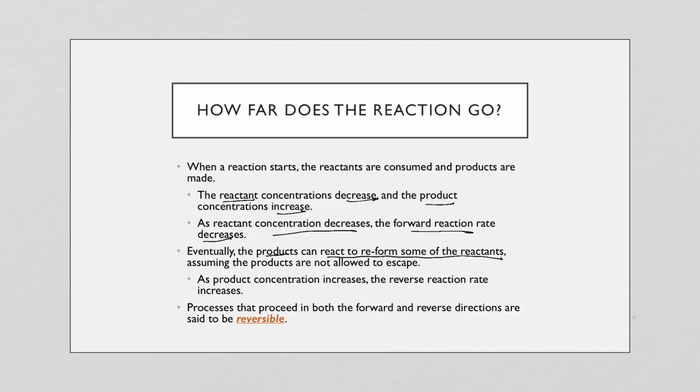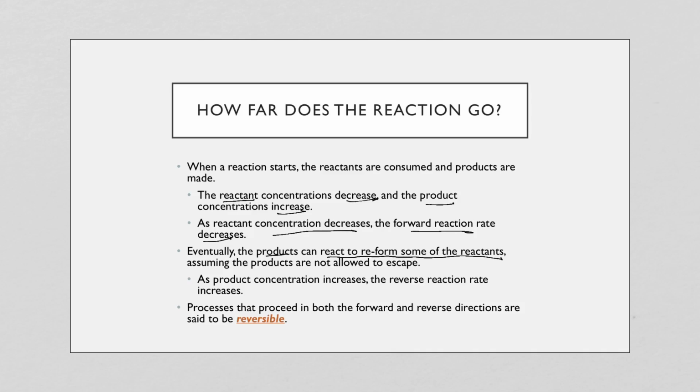Almost all reactions are reversible. The thing is, on some reactions, the reverse reaction is so small, meaning either it proceeds to such a small extent or it's so slow, that we consider the reaction to be one direction.